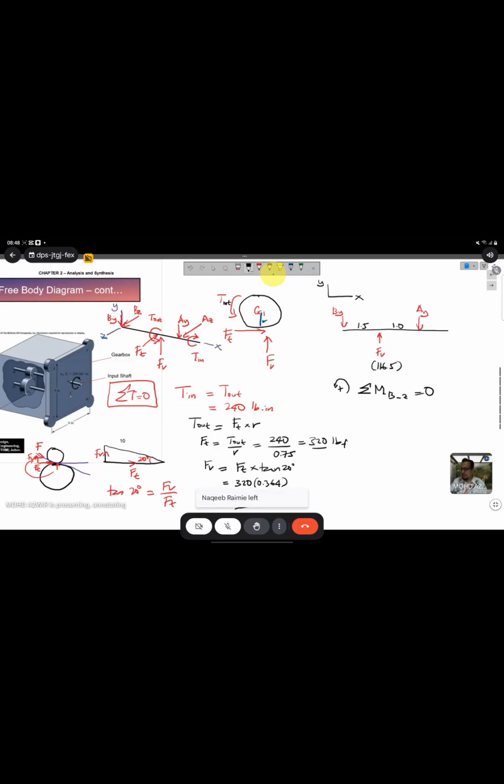Why? B is the point B. If you calculate moment at point A, you put A. And Z is the direction of the moment, because it rotates about the Z axis, where the Z normal to your monitor.